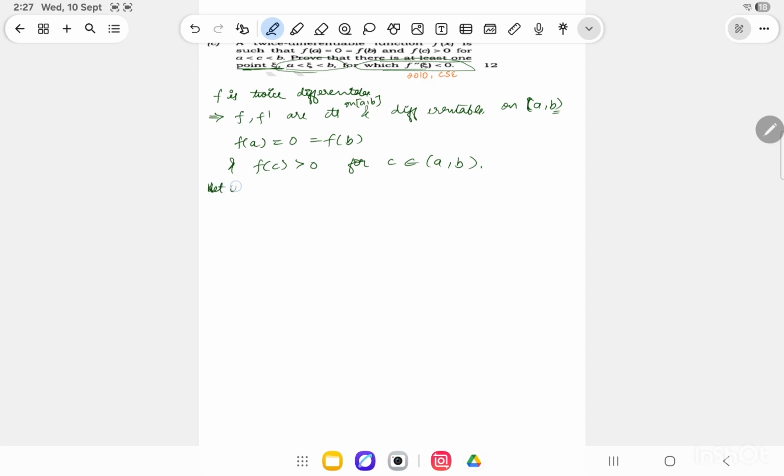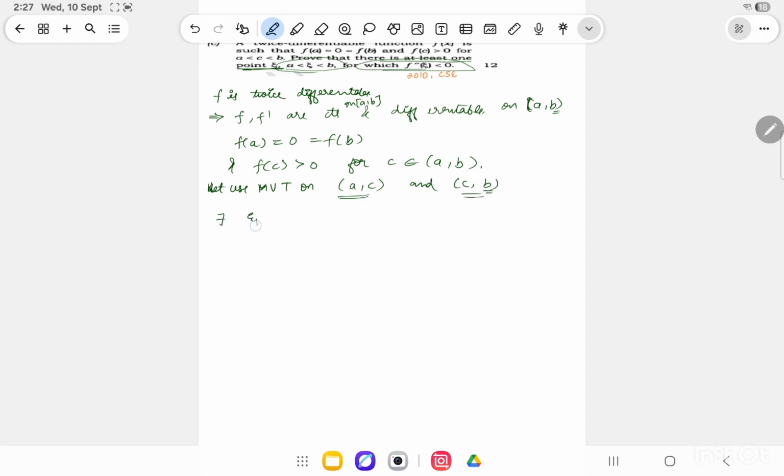So let's use the mean value theorem on the intervals (a, c) and (c, b). Since f and f dash are continuous on [a, b], and [a, c] and [c, b] are basically subsets of [a, b], the necessary conditions for using the mean value theorem, continuity and differentiability, are satisfied for this interval and this interval as well.